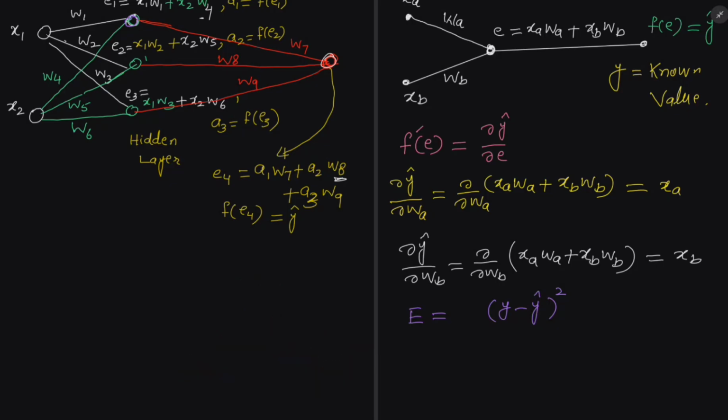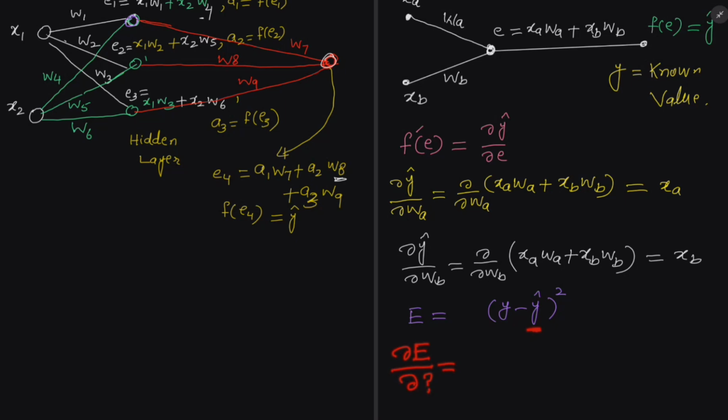Now the problem is we have to make this error as small as possible. What we learn from calculus is that if we differentiate this E with respect to some unknown, then we can optimize the value of y hat, since we want to find a best fit with y.